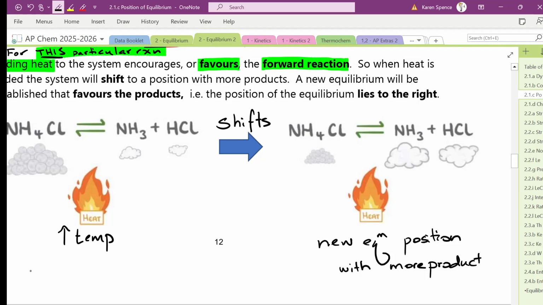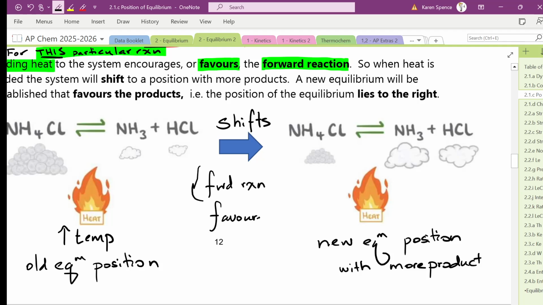So this is our old equilibrium position. And during that shift, the forward reaction is favored, which means, what does that mean in terms of the two rates?